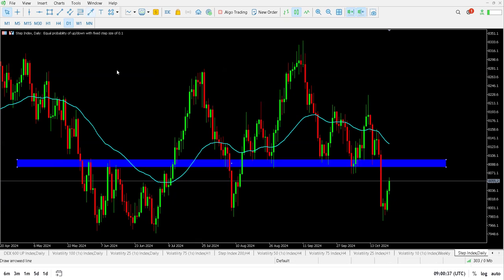But then very quickly, you can see for every one of the times we've tested the level right here, one, we tested from the downside, we had a seller from the level, with the level holding up as resistance. We had a second time, resistance. A third time, right about here, resistance.